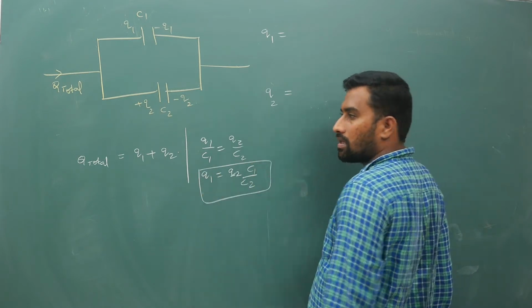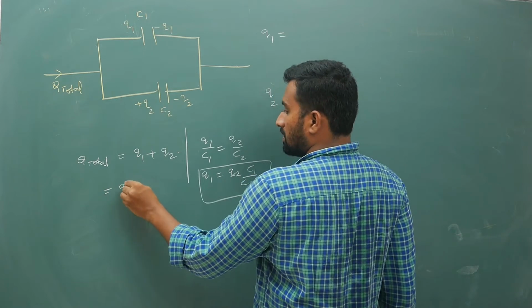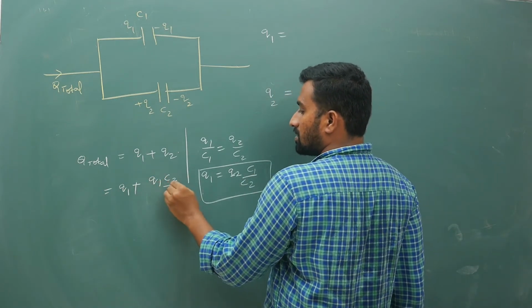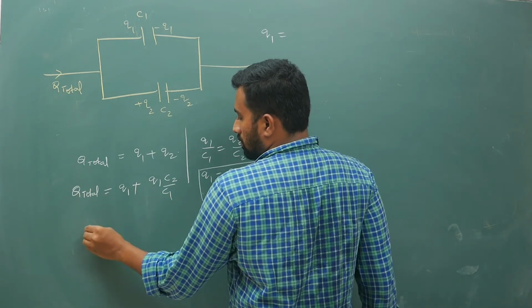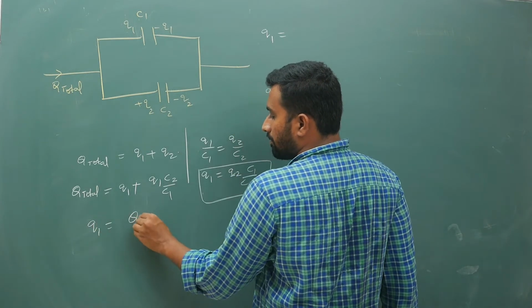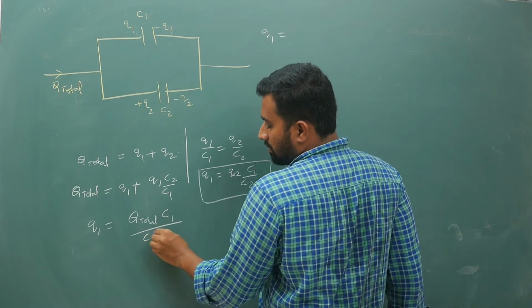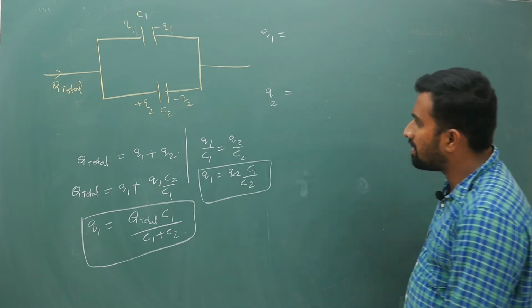Q1 is Q2 times C1 by C2, that is equal to Q1 plus, what is Q2 means? It is Q1 C2 by C1, that is equal to Q total. So you are going to get your Q1 is equal to Q total times C1 by C1 plus C2. Check once whether I have done it correctly or not.